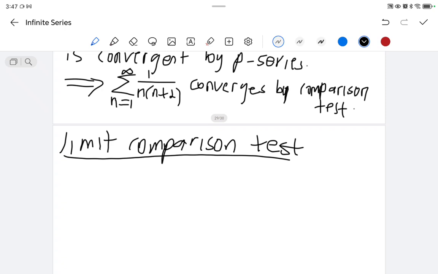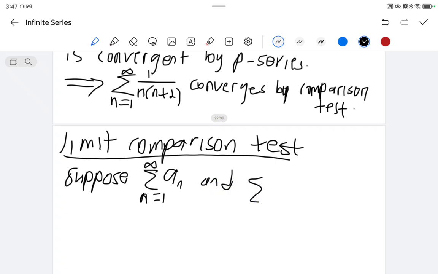If we look at the limit comparison test, we're going to suppose the same thing as in the comparison test. We suppose we have the summation of a of n from 1 to infinity, and again the summation of b of n from 1 to infinity, and remember I said that here we're dealing with them being positive, right?